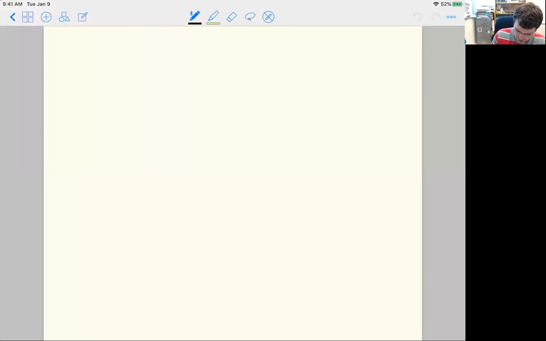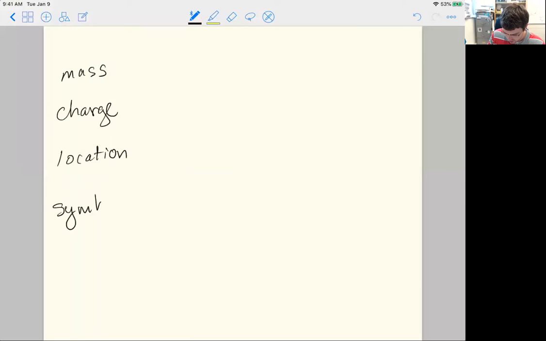I'm going to create a table, and the rows will be entitled mass, charge, location, and not really a property, but something that's helpful, the symbol or notation, just to help us abbreviate somewhat.